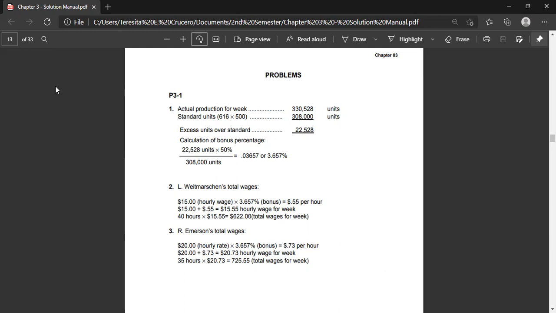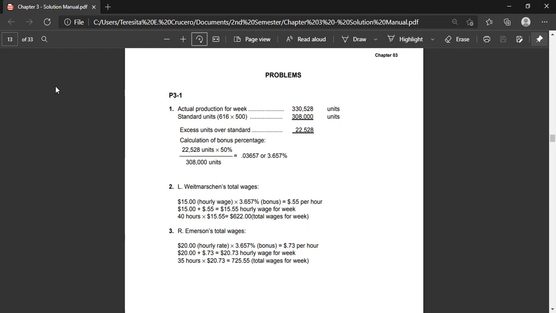So let's start now with requirement number one. The actual production for the week is 330,528. The standard units is 500 units each hour. So 500 units times 616 hours equals 308,000 units. So there is an excess units over the standard of 22,528.